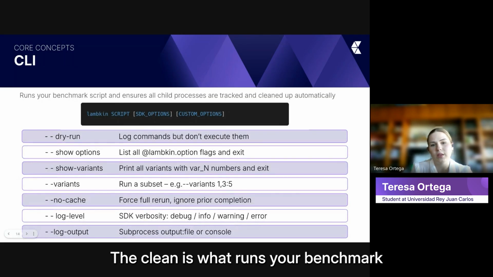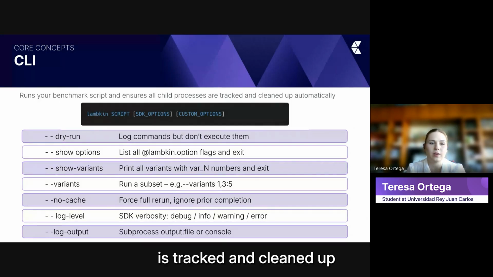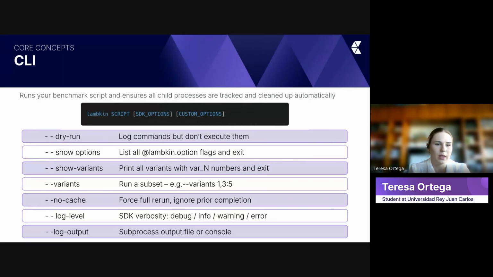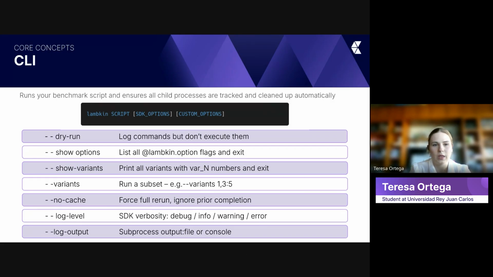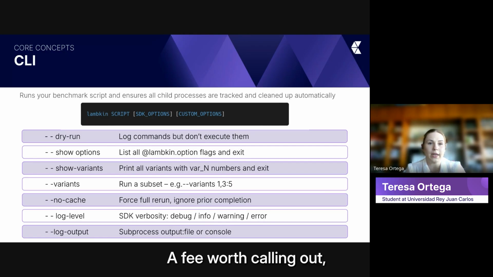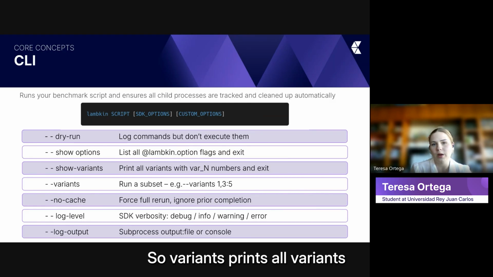The CLI is what runs your benchmark script and ensures every child process is tracked and cleaned up automatically. The general shape is lambkin, script, SDK options, and custom options. Your own Lambkin option flags sit alongside the SDK built-in ones. A few worth calling out: dry run logs commands without executing them. List variants prints all variants with their numbers and exits.